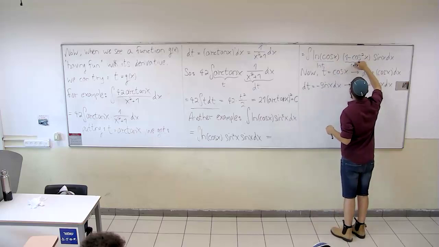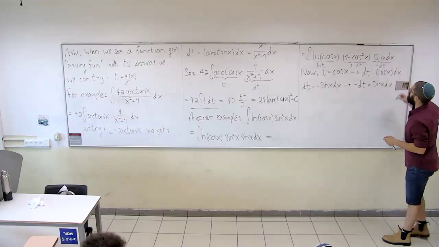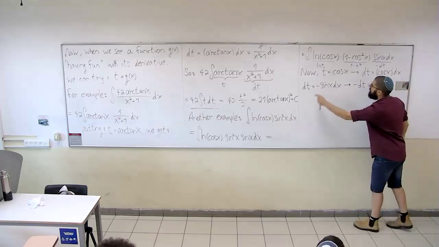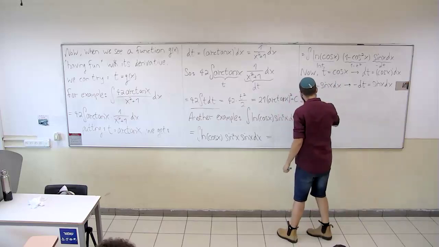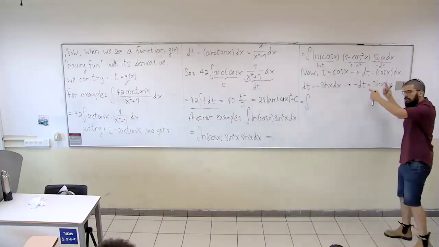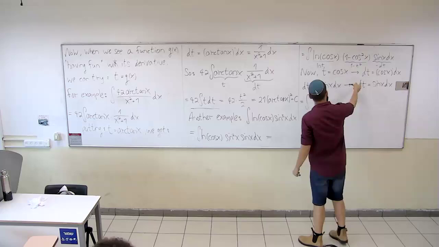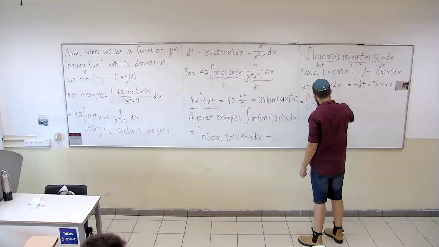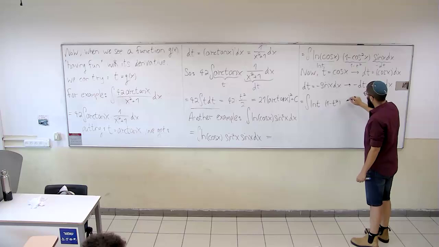This one is 1 minus t squared. And this one is minus dt. Without writing sine squared as 1 minus cosine squared, we couldn't write the whole function inside of the integral in terms of t, which is necessary in order to calculate the integral when you substitute t instead of x.